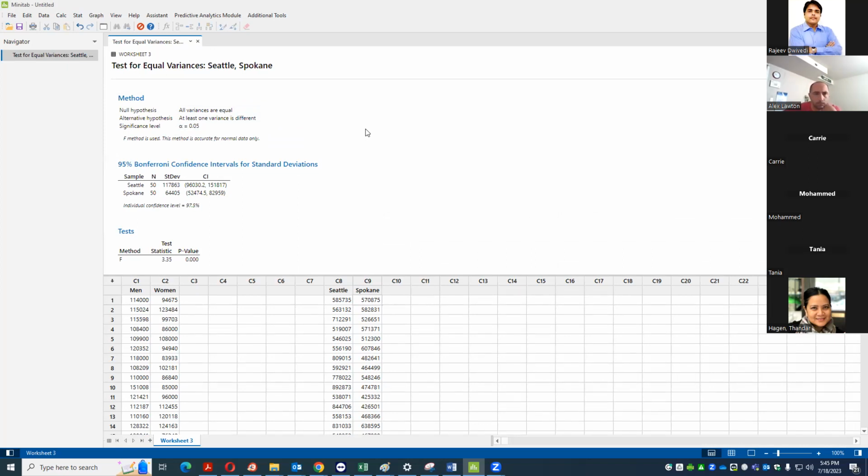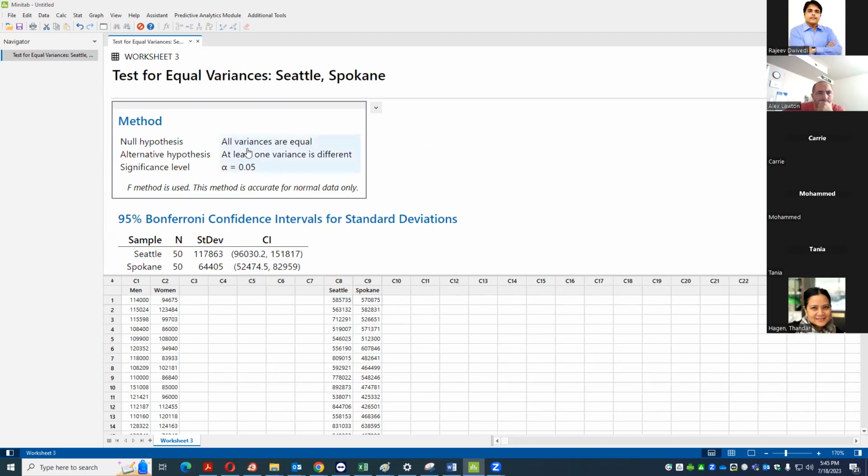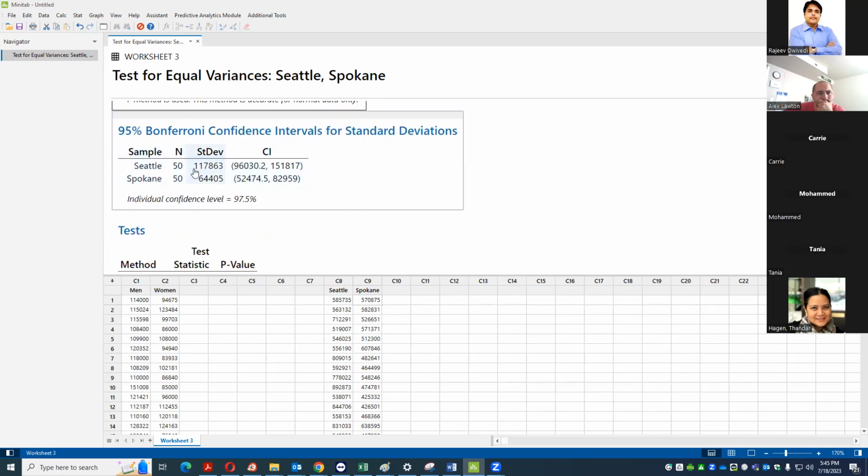Here we are using 50, which is higher than 30. Look into this. I'm going to make it bigger so you can see. The null hypothesis is all variances are equal, meaning the variances of all samples are equal. We have two samples here. The alternative is at least one variance is different, at 5%.